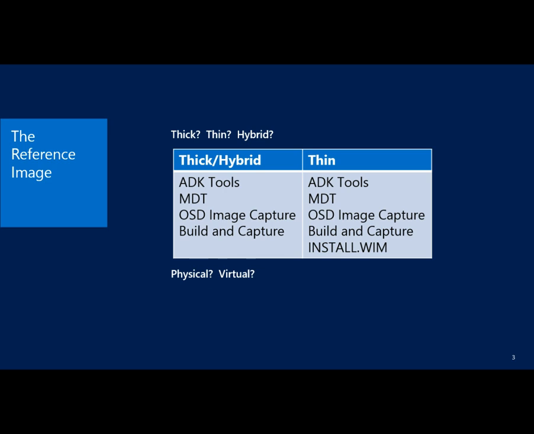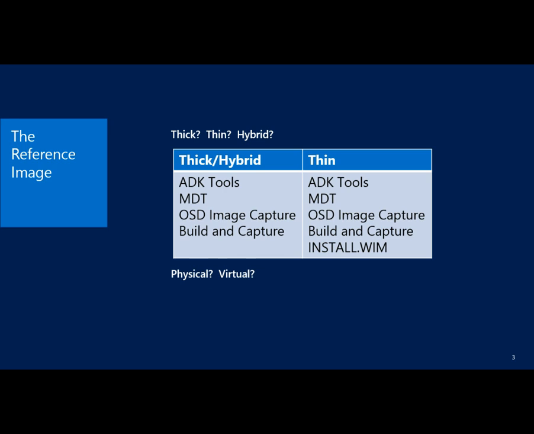So when we think of imaging, what's the best way to stage an image, right? You have one of two choices when you think about creating an image. Either you're going to use the install.wim, which is already a WIM file, which is what we need to install, or you're going to have to capture the WIM file, right?